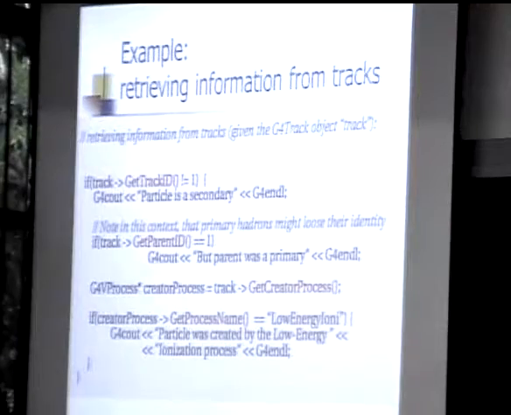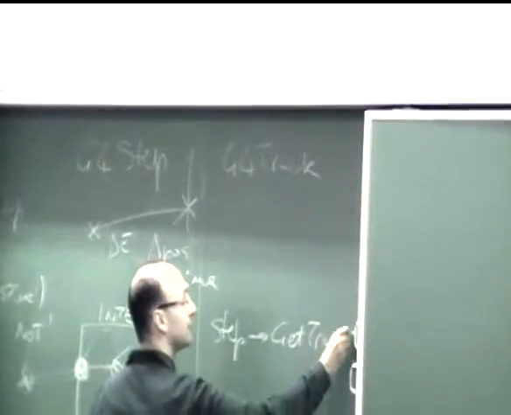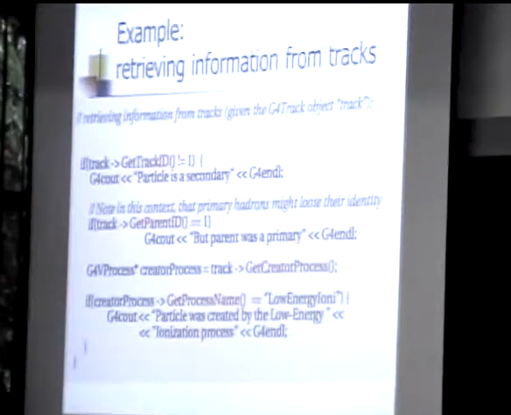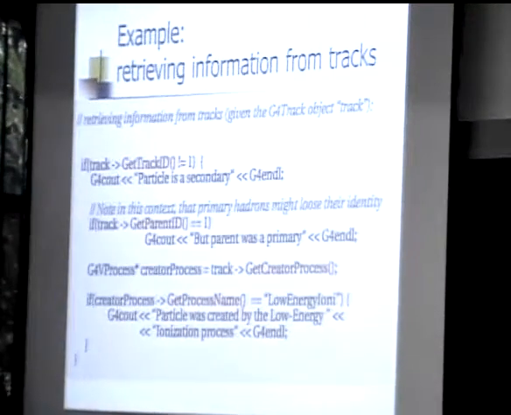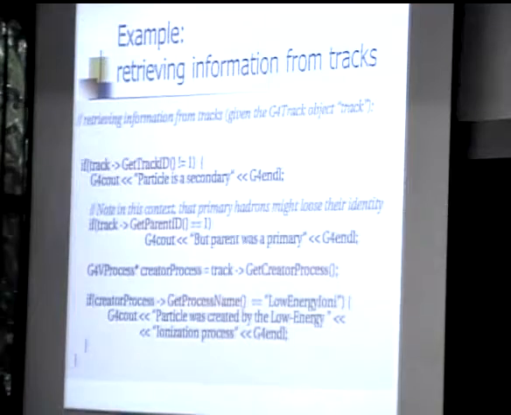So from the step, you can get the track, which is the current updated information. For instance, each track has a track ID, which is a number. The primary particle has track ID equal to 1. All the others have 2, 3, 4, and so on.